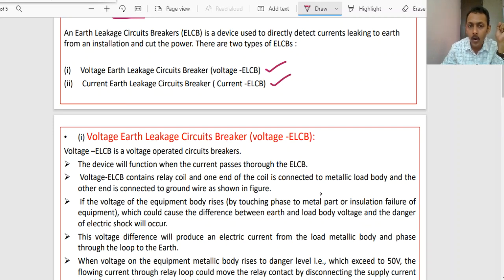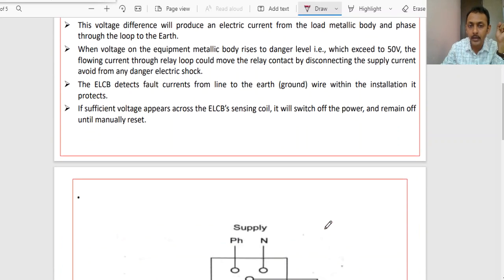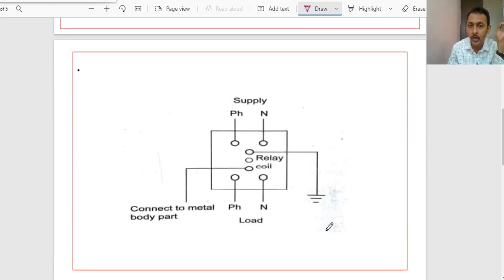Coming to the voltage earth leakage circuit breaker, this is the diagram you can observe. Here you have the supply terminals, one is the phase terminal and the other is the neutral terminal, which are connected to the load, right? And the load also has a neutral terminal and a phase terminal. Now this circuit breaker has a relay coil, of which one end will be connected to the ground and the other end will be connected to the metal body part.